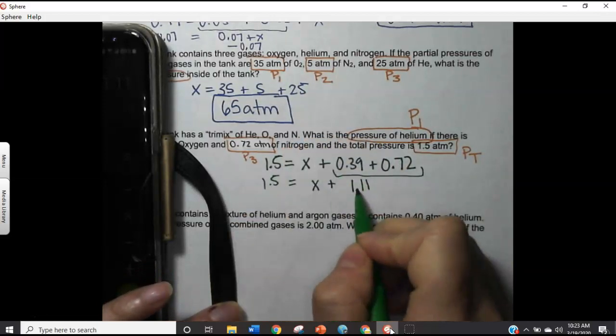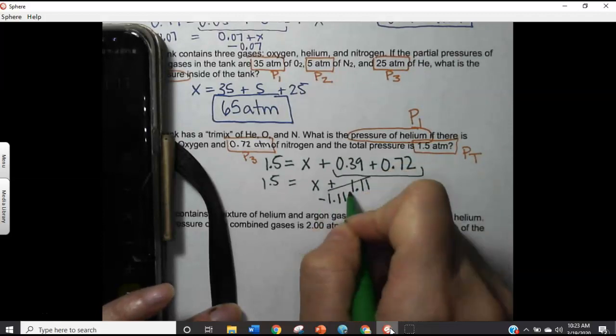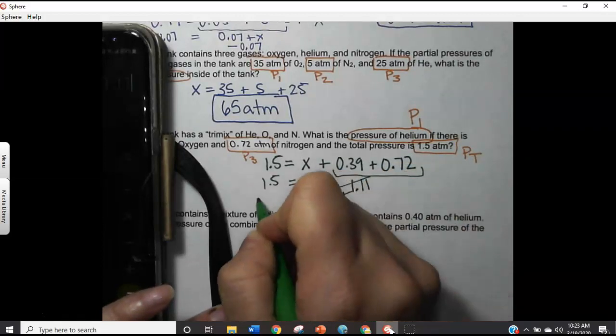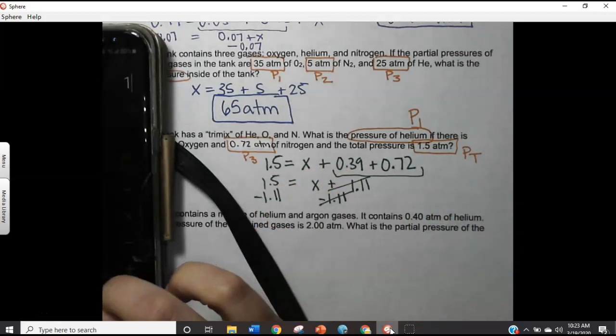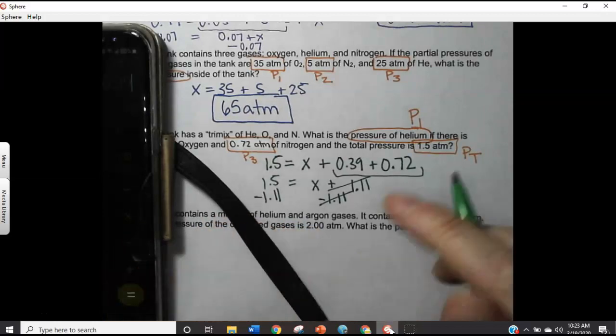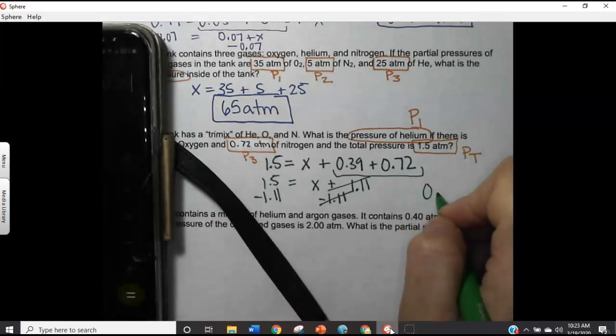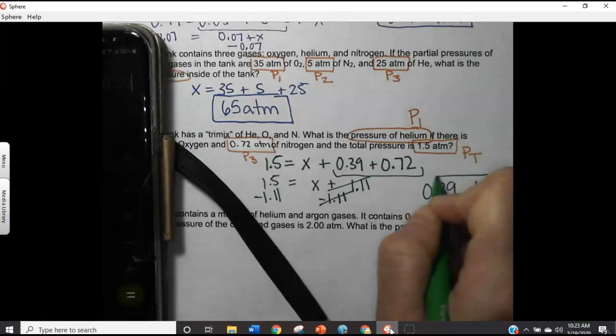The opposite of adding 1.11 would be subtracting, so that these cancel out and I have just X. I need to do that to both sides of my operation. So 1.5 minus 1.11 equals 0.39 atm.